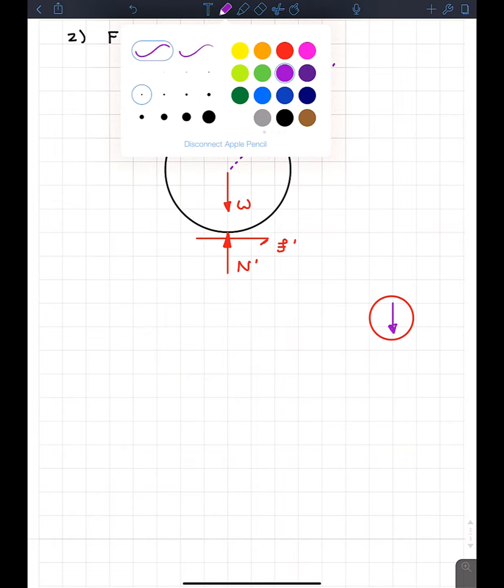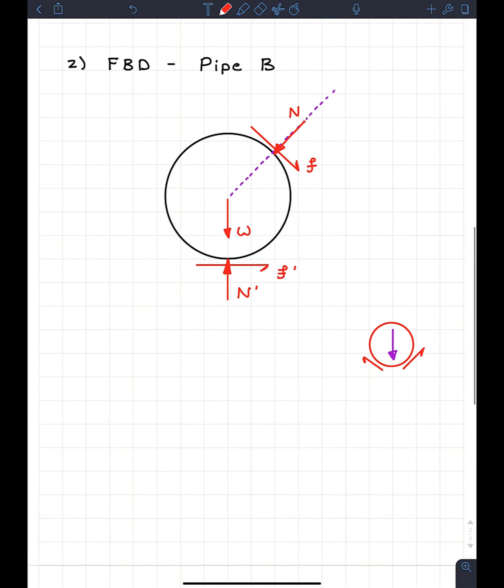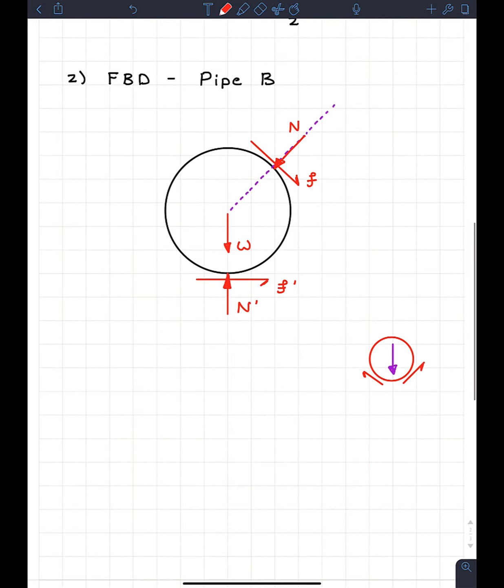So therefore the friction on pipe A wants to resist the movement like this. The friction on pipe B is hard to figure out, that's why we think about pipe A. Because if we know the friction on pipe A is going up, then the friction on pipe B is going to be the opposite. So this is why the friction here is going to go downwards, like so. So that's kind of why, but we're going to move on.